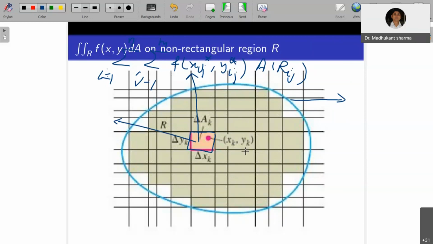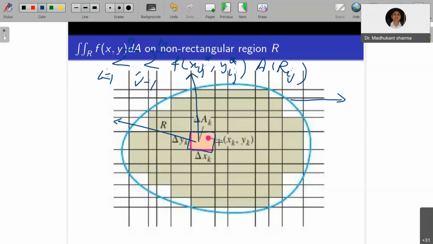Now, if you are working with a uniform mesh, every area value is the same. If you are not working with a uniform mesh, that is a non-uniform mesh, somewhere the horizontal lines are close and somewhere they are far, so you will get rectangles of different areas.